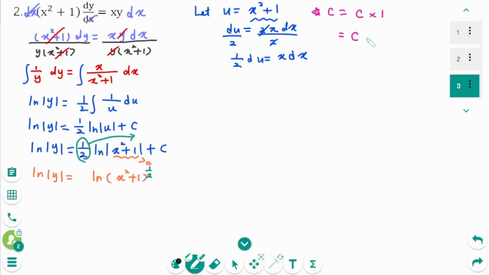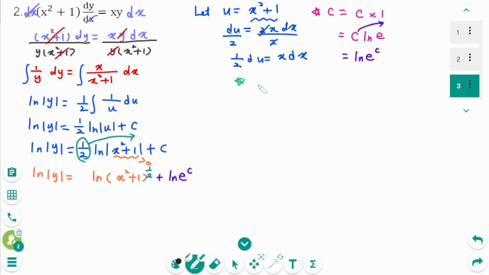Then c times, if we change 1 to ln, it becomes ln e. Then c can go up. We can rewrite as ln e to the power of c. Then back to the original, plus c equals ln e to the power of c.